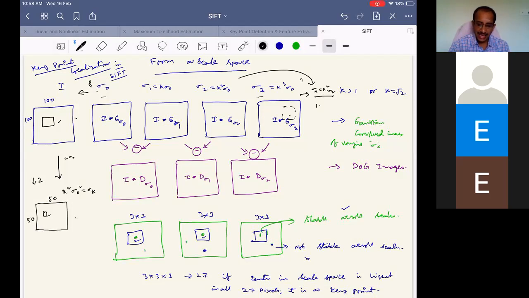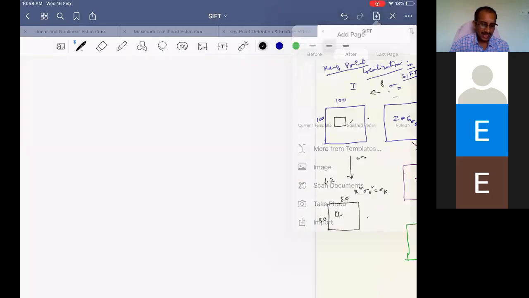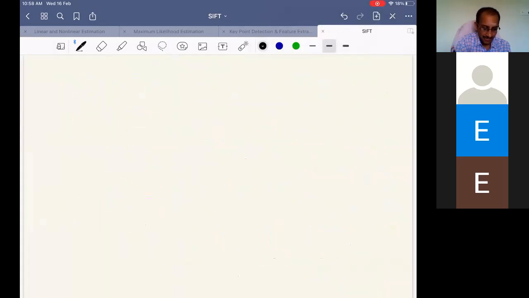So the next scales form further scale spaces by bringing in the downsampled resolution, and then you start convolving with k square sigma naught, k cube sigma naught, then k power 4 sigma naught, then probably k power 5 sigma naught, and then again from this get the difference of Gaussian. The further step down is you go to an even smaller resolution.